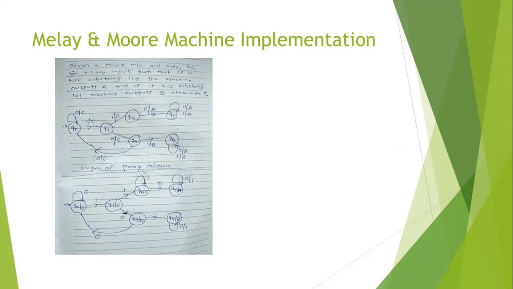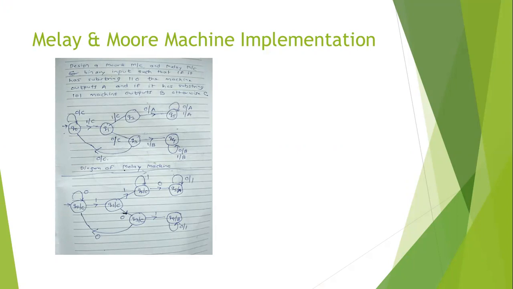We have to form the substring 110, then the machine gives output A. But if it is not forming the substring 110, it is giving me the output C. So now we have to form substring 110.